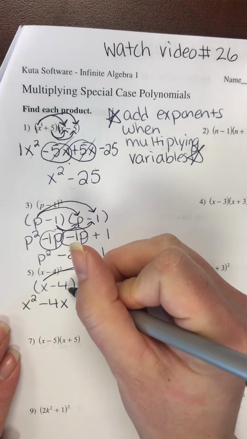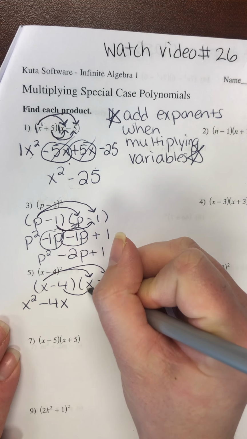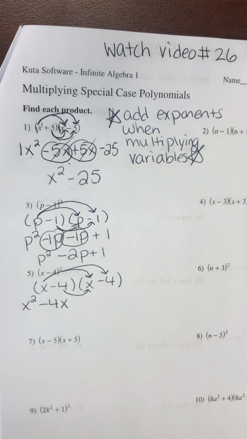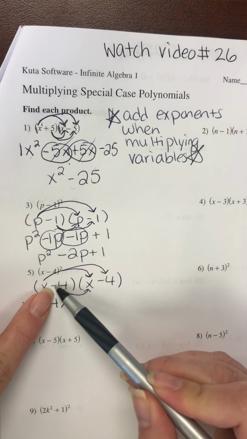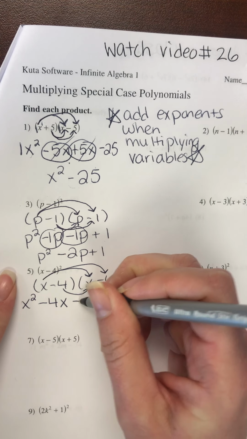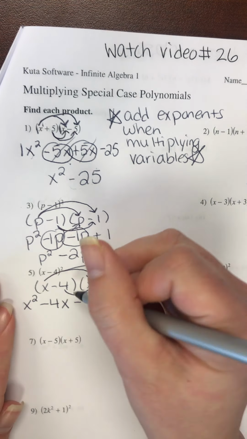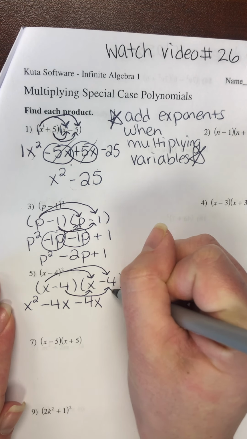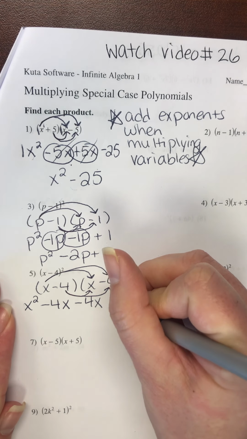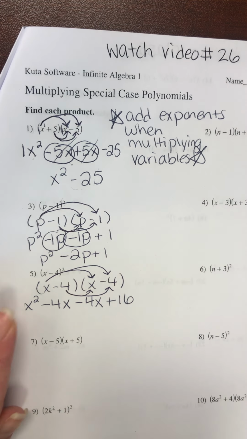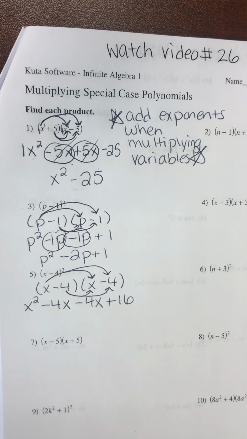And then I am going to distribute the negative 4 as well. Be careful with your negatives. So I'm multiplying negative 4 times x, which is a negative 4x. Then I'm multiplying negative 4 times negative 4. That would give me a positive 16.